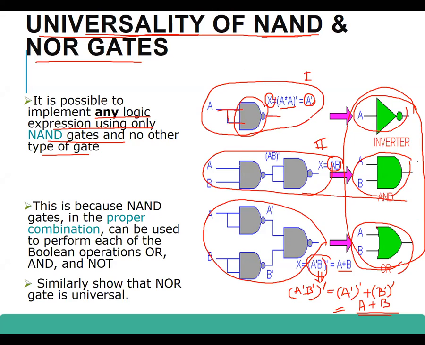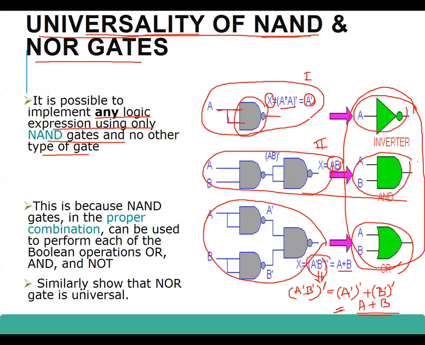And here it shows the OR gate can be represented using three NAND gates. So this shows the universality of NAND gates. It means that we can implement any circuit using only NAND gates. We don't need the other three types of gates because we can implement those gates using NAND gates only. Okay, so that's the basis.